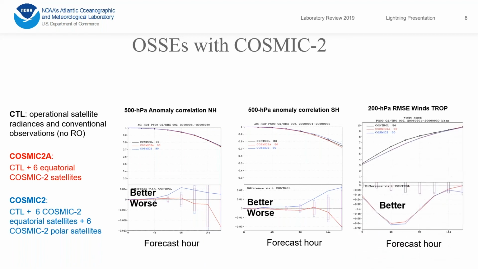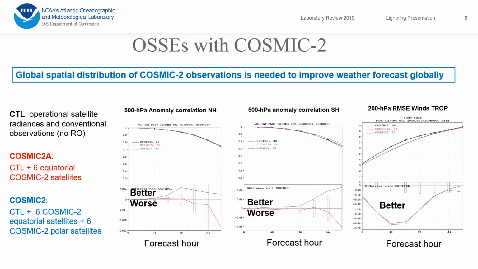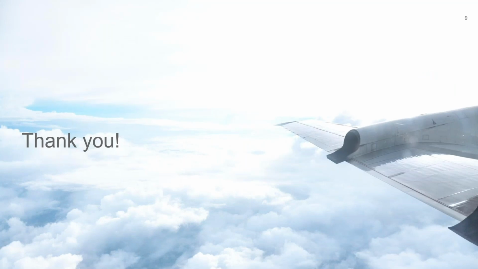Similar results by looking at the winds here. There was a decrease in mass error for upper level winds. So overall, what we saw is that the global spatial distribution of COSMIC-2 observations is needed in order to improve weather forecasts globally. We don't need it just in the equatorial regions. We need a global constellation. And that's it. Thank you.